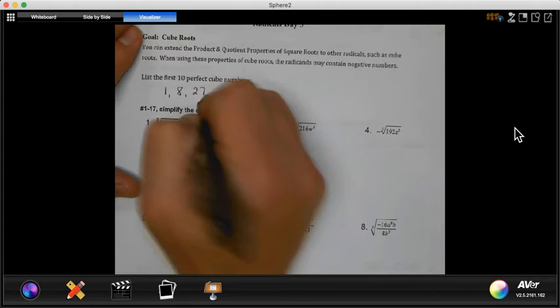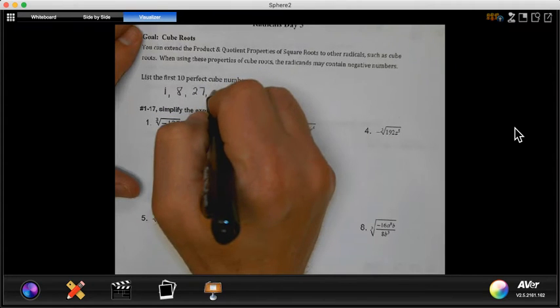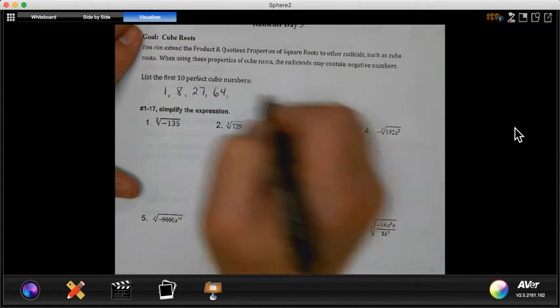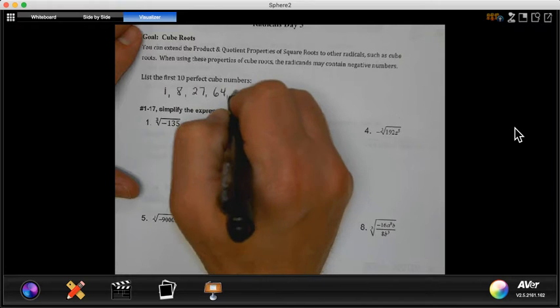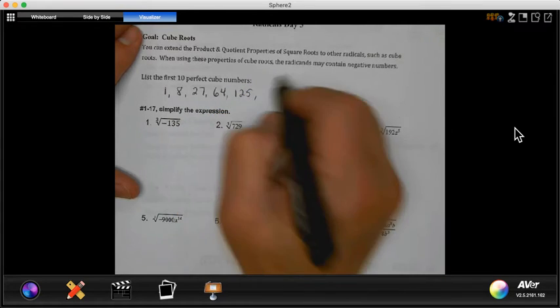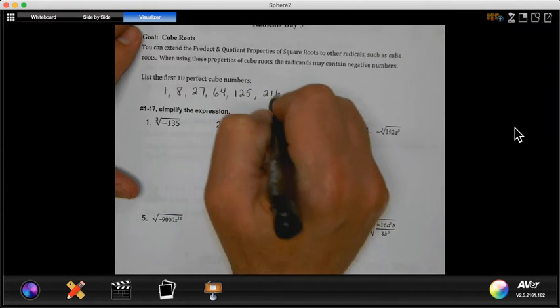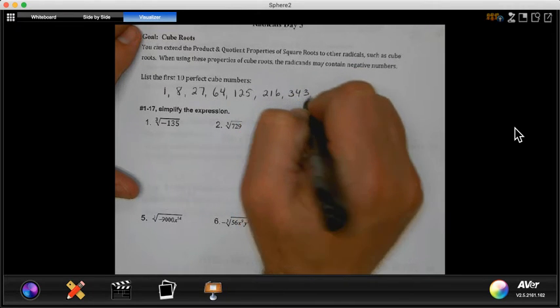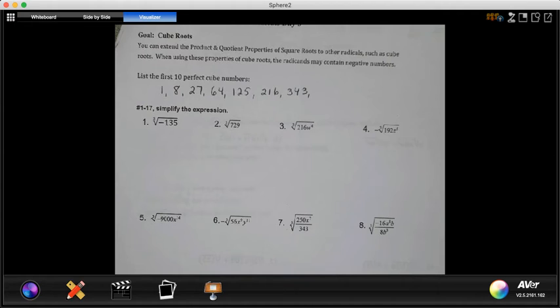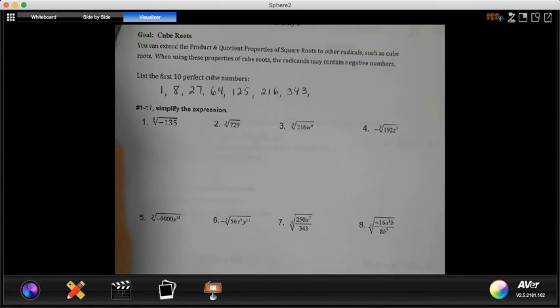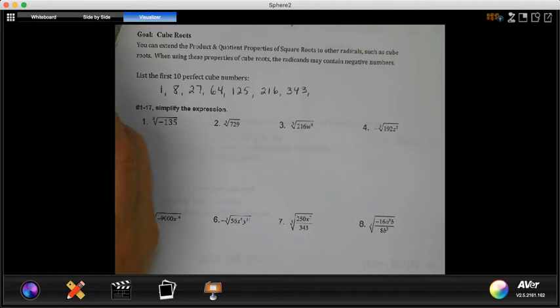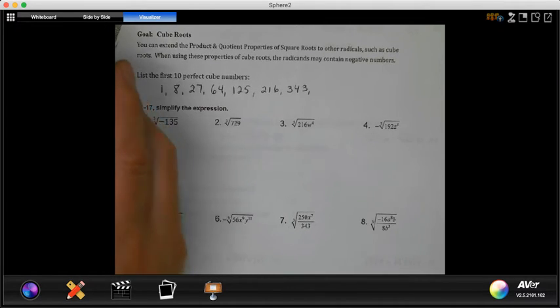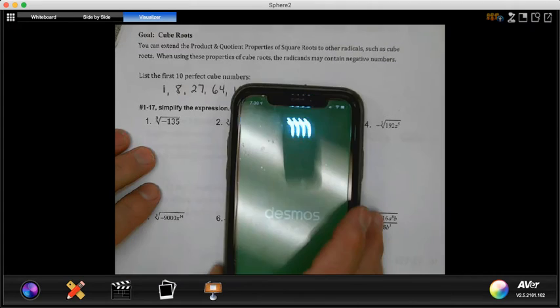3 cubed is 27, 4 cubed is 64, 5 cubed is 125, 6 cubed is 216, 7 cubed is 343. Ooh, I don't know what 8 cubed is, so I'm going to quick type it on my calculator. I can use my phone as a calculator.